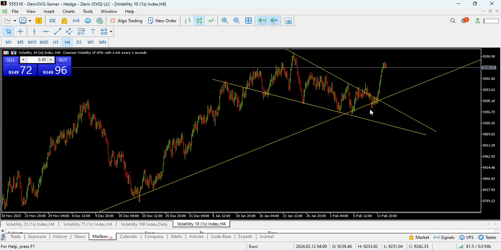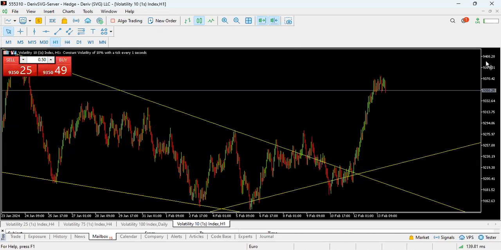So it means that this was a pullback because the overall trend of the market is an uptrend. This pullback shows that these sellers are gone. Now, for you to buy, when you see something like this happening, you bring your time frame lower for an early entry.